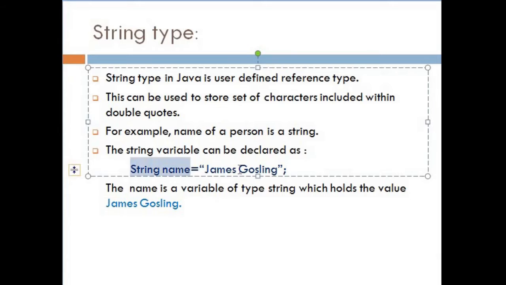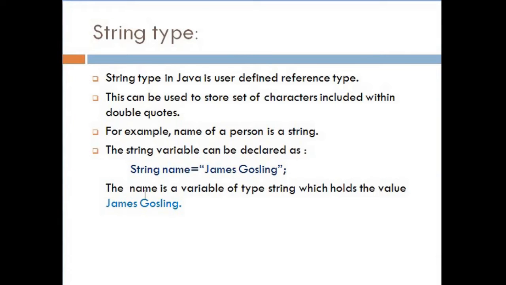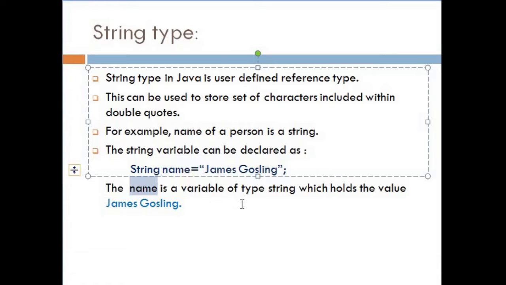Now if you see this Java statement here, the variable name is name itself and the data type of this variable called name is string, and the value that this string variable name holds is James Gosling. So that's what has been said here. Here name is a variable of type string which holds the value James Gosling.